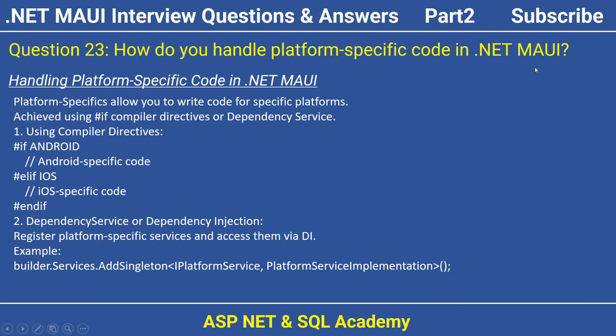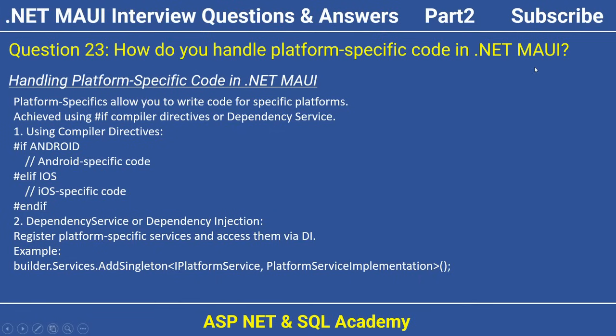In .NET MAUI, you often need to write platform-specific code to access platform-specific APIs or behaviors. There are a couple of ways to handle this. First, you can use compiler directives to execute code conditionally based on the platform.